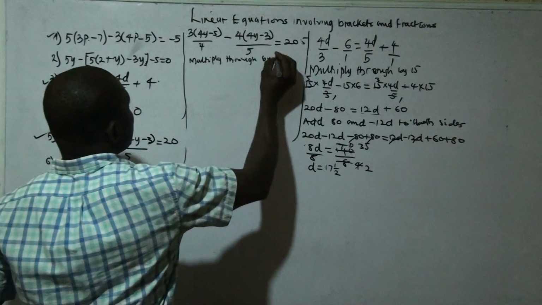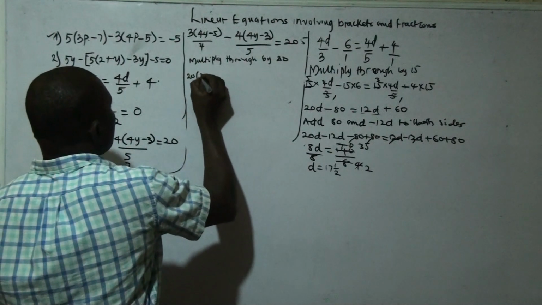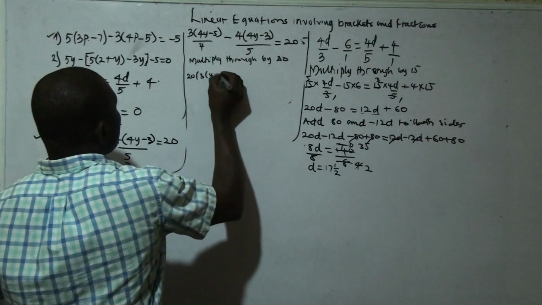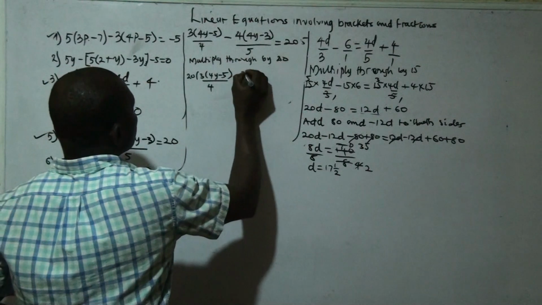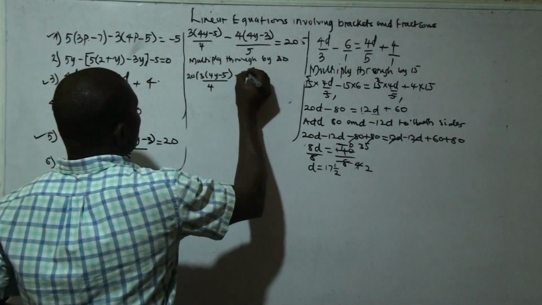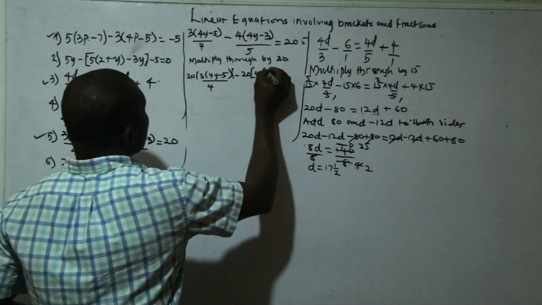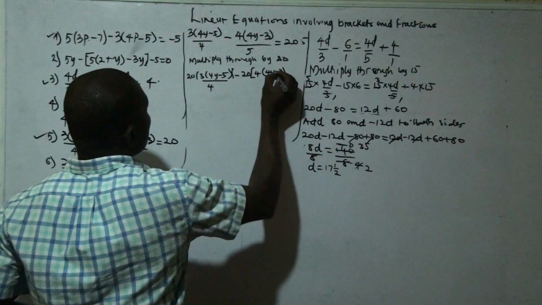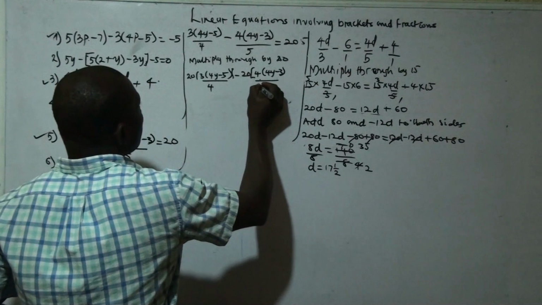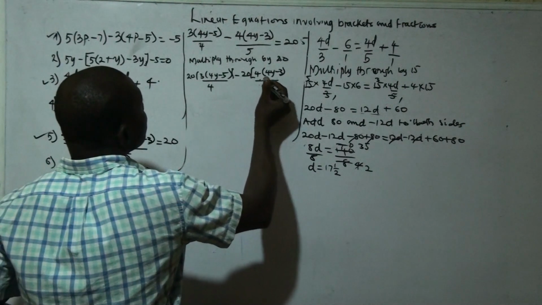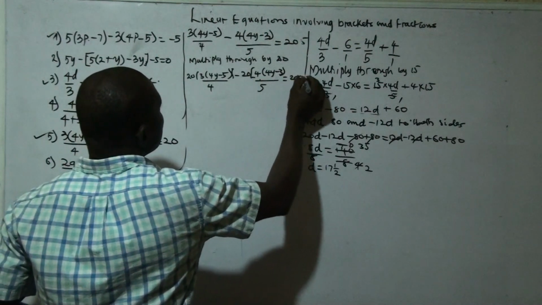by 20. So we have here 20, open bracket, this is 3, open bracket, 4y minus 5, divide by 4, minus 20, bracket there, 4, open bracket, 4y minus 3, all over 5, is equals to 20 times 20.